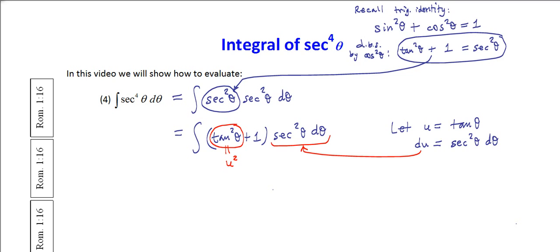So I find that this is like integrating u squared plus 1 du. And that's a very simple integral to do. This is 1/3 of u cubed plus u plus some constant of integration c.